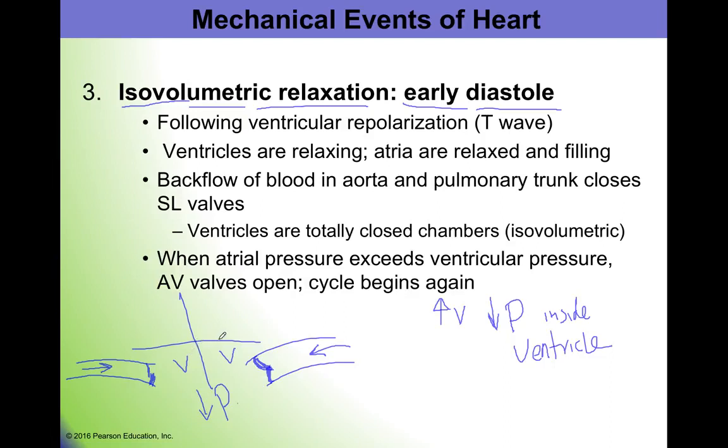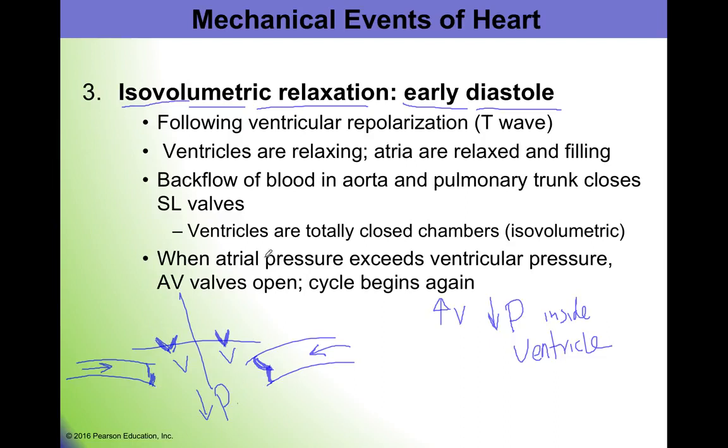So at this stage, you close up your semilunar valves, and if you guys remember, you already have your AV valves closed as well. So the AV valves are closed, and your SL valves just closed up as well.